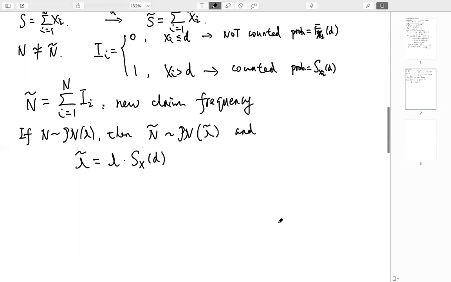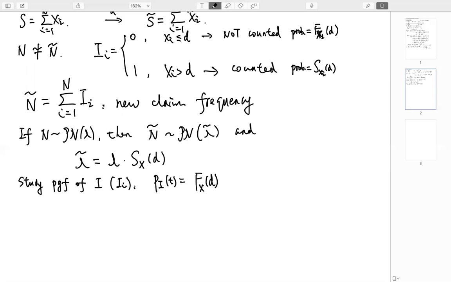To prove this, you can study the probability generating function if you want. If you want to study the probability generating function of I, this is very obvious. It will be 1 minus the survival, or you can simply write the CDF if you want.